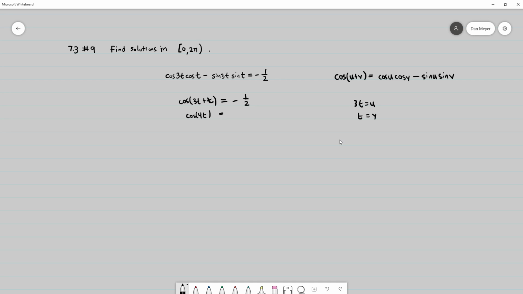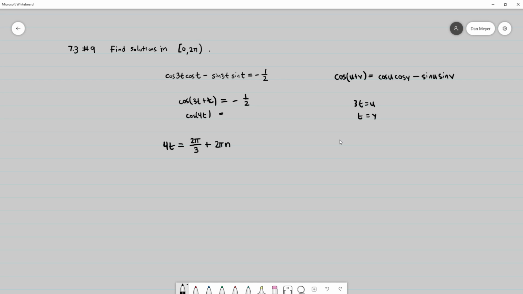There's going to be two branches here. Either 4t is equal to, let's see, cosine is negative 1/2 in the second quadrant at 2 pi over 3, plus 2 pi n.